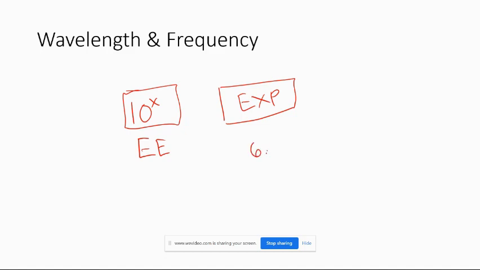So for example, if we had 6.02 times 10 to the 23rd, I would go 6.02. I'm not going to put in times 10 to the. This key, whichever key you have on your particular calculator, replaces these keystrokes.